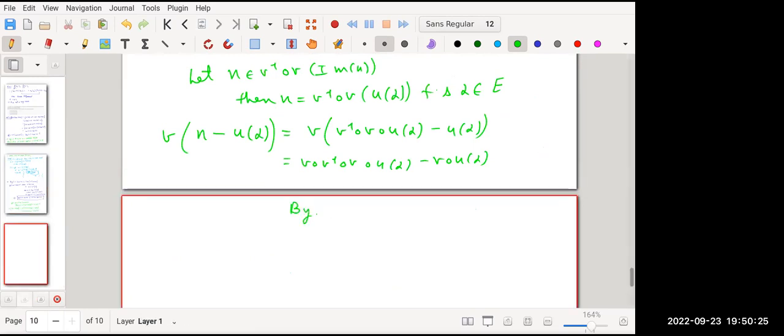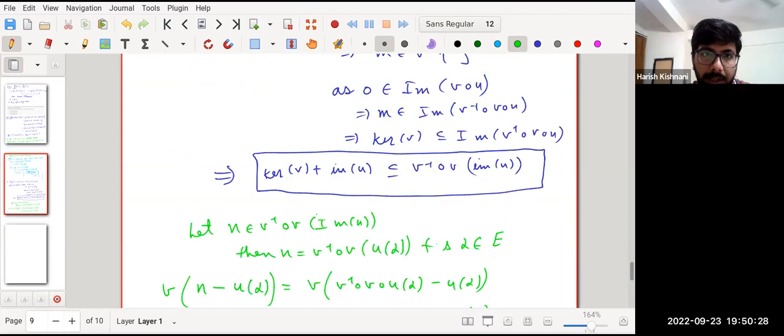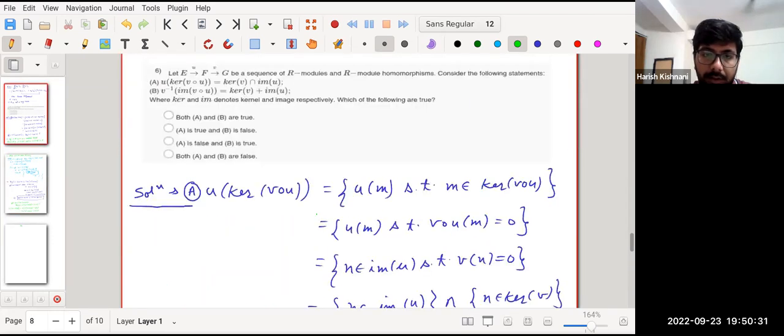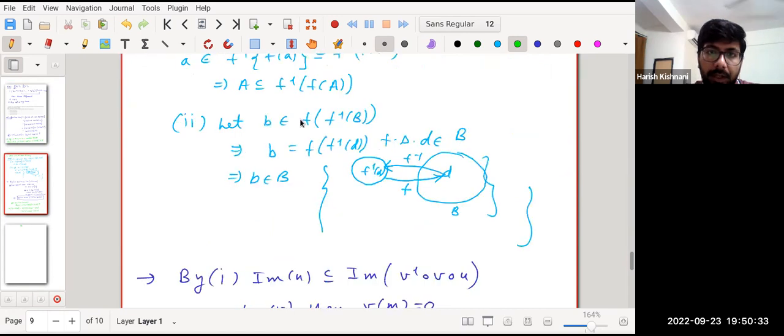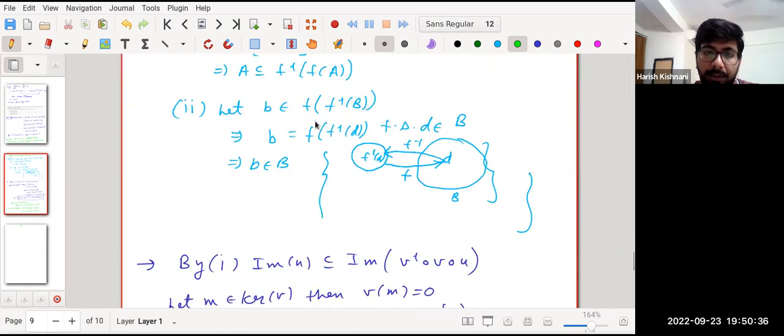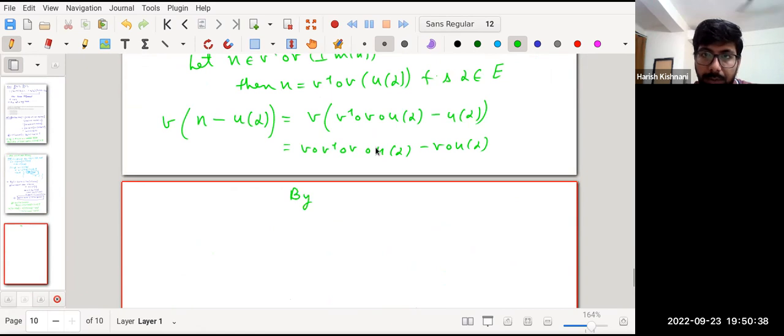By part B, part second, F inverse of B, take B to be the image of this V composed U. By second, you have V composed V inverse of this V of U alpha to be inside the smaller set, the set V composed U alpha.